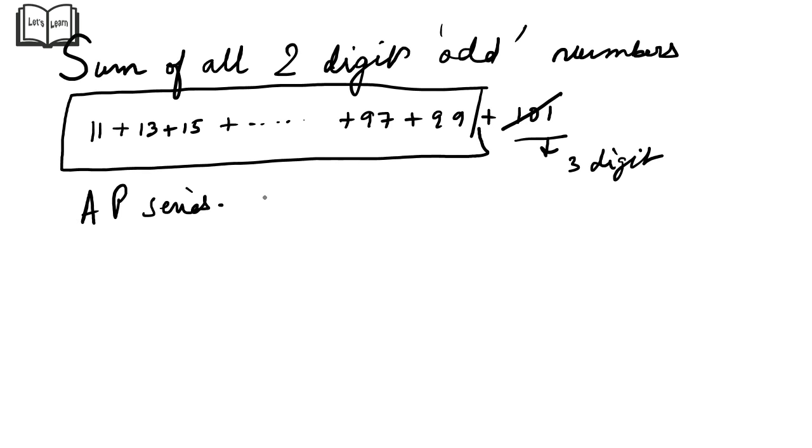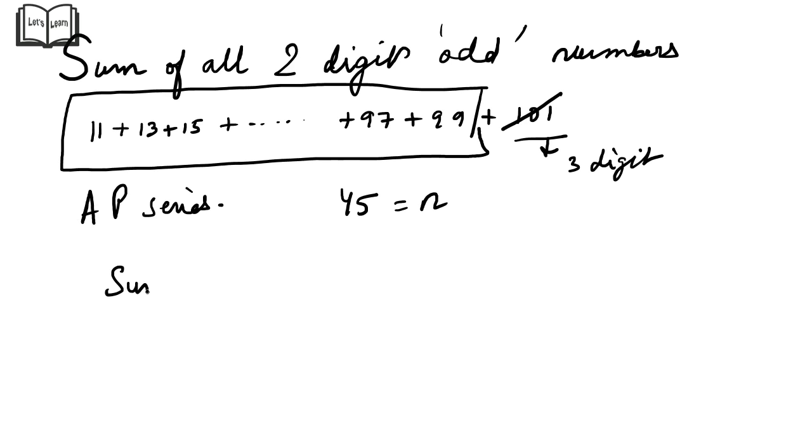In an AP series, the difference between the numbers is constant, and the total number of numbers is 45. It is because from 10 to 99 there are 45 odd numbers. So 45 is n, and the difference is 2.